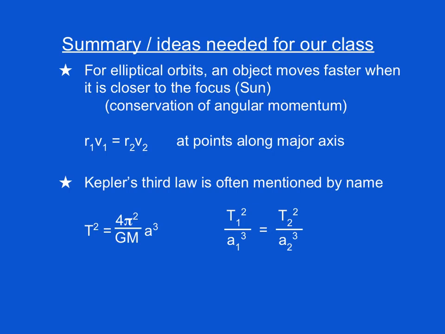All right, so in summary, these are the key ideas to know. They are not formal ideas that are written on the formula sheet. So again, ideas to understand: the angular momentum would be conserved along an elliptical path. And if we focus specifically at points along the major axes, the masses cancel, the sine of theta cancels out, and so we get this relationship here.